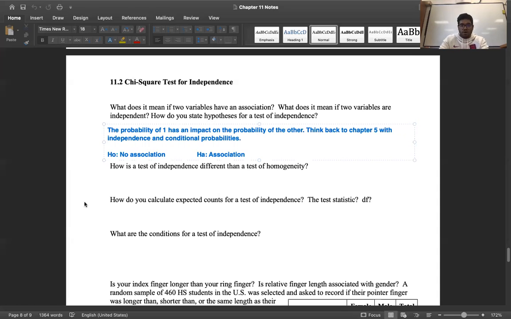Okay, so how are tests of independence different from tests of homogeneity? The test of homogeneity is what we were looking at last week. Both start with a two-way table. If there is one sample and two variables, we are testing for an association.